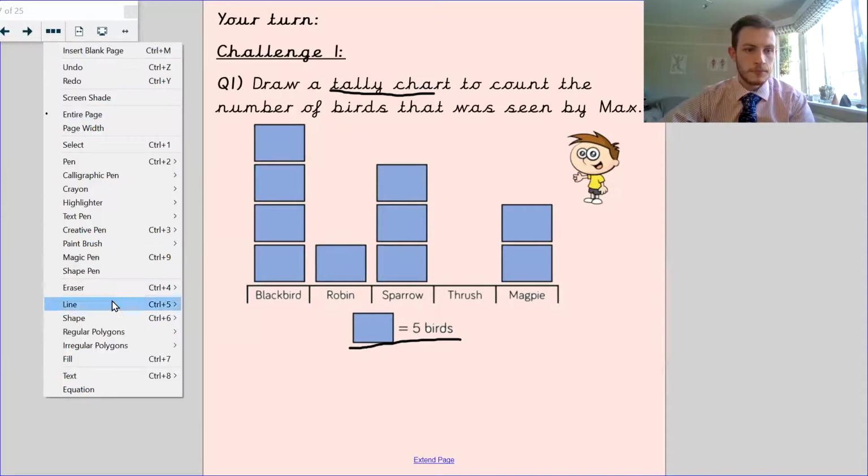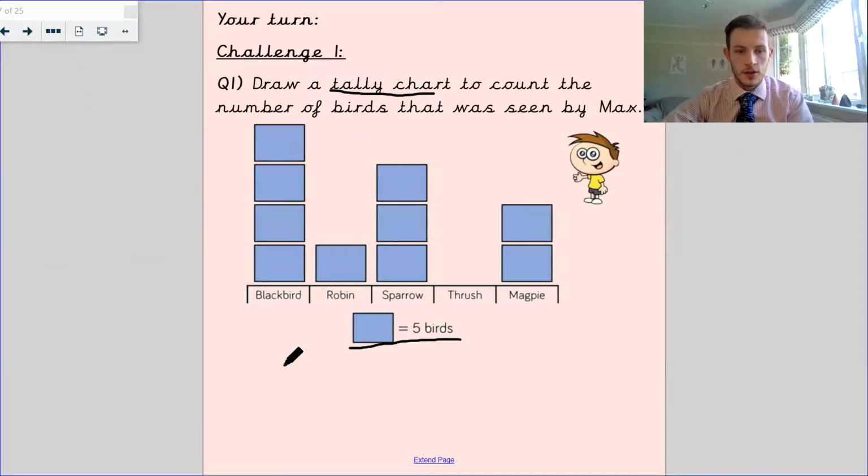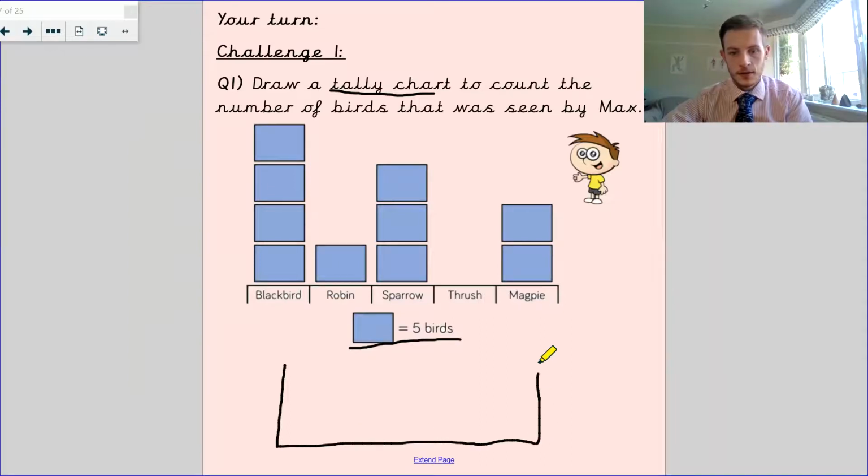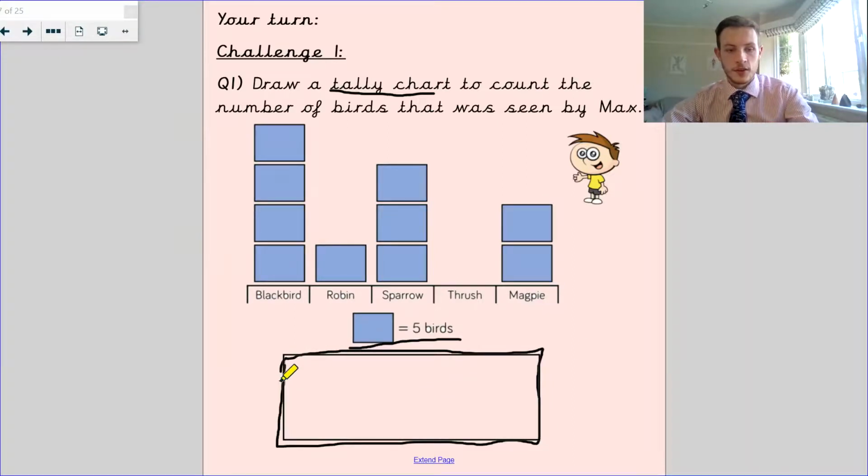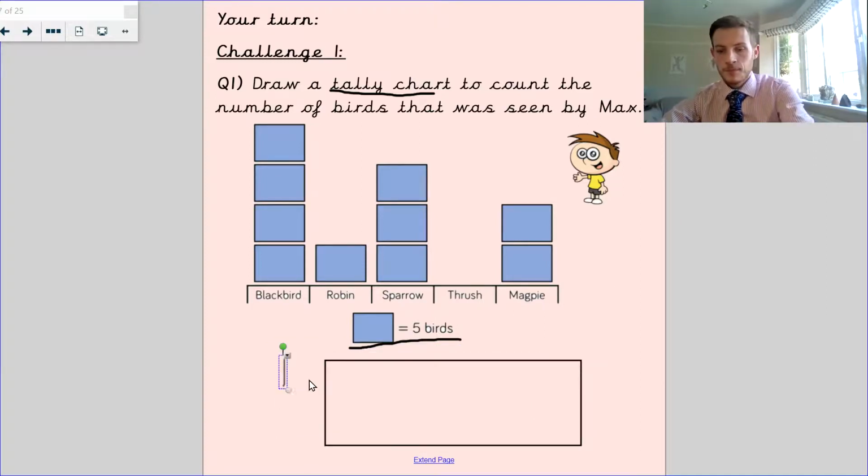If I get my shape pen, see whether this will work. Oh, nearly. I thought that was a perfect rectangle. Apparently not. There we go. Well done, me. So I've got my shape here, and this is your table.